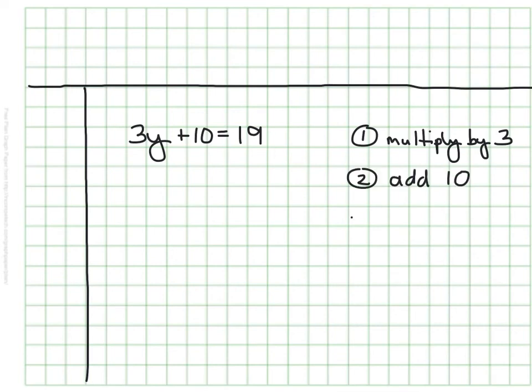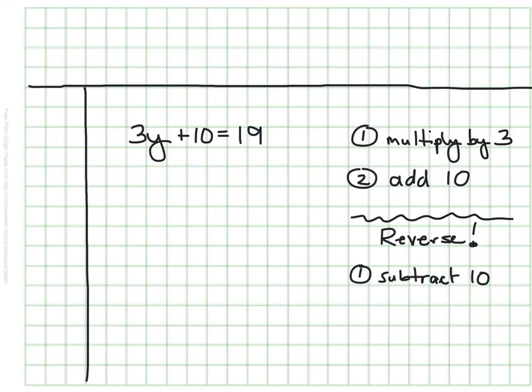So now when it comes time to solve, we're going to do everything in the reverse order. So instead of ending by adding 10, I'm going to start by subtracting 10. And once we have subtracted 10, I'm going to do the inverse of multiplying, which means I'm going to divide by 3. So let's go ahead and do that.